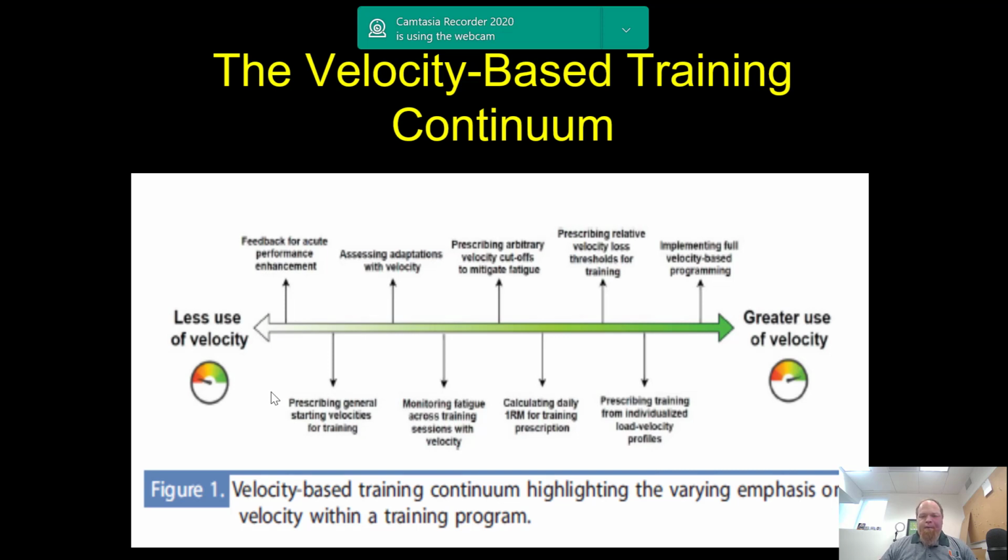Calculating daily 1RM for training prescription. This is very similar to looking at your warm-up sets and changing prescription. Sometimes people like to do the Bulgarian methods, right?